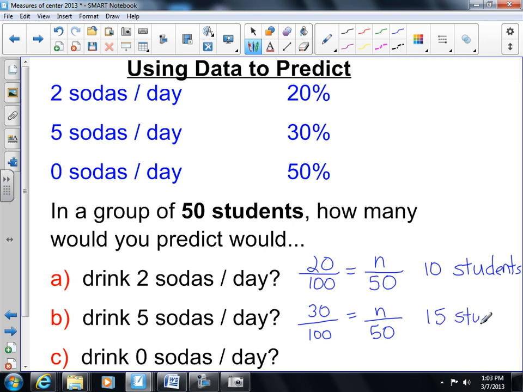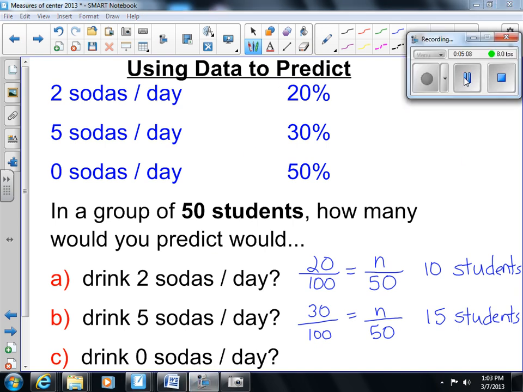All right, you set the proportion up for the last one. How many students out of the 50 will drink no sodas per day? Write your proportion out, please, and your solution, and I'll check you. All right, what was the proportion?